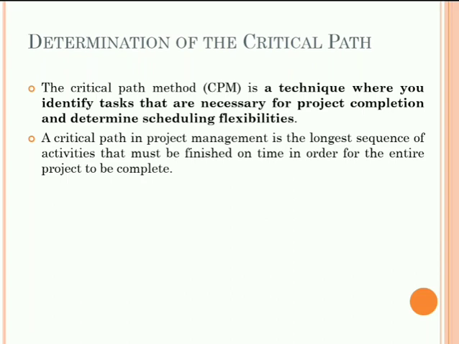Crashing involves allocating more resources to speed up the activities. Before obtaining more resources, you have to make sure it would still be within the project scope, and let the stakeholders know of any changes. Having the critical path plotted helps you choose the appropriate strategy to meet the updated deadlines.